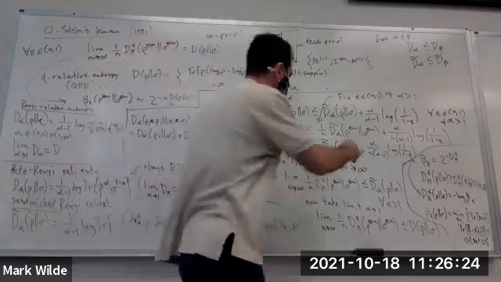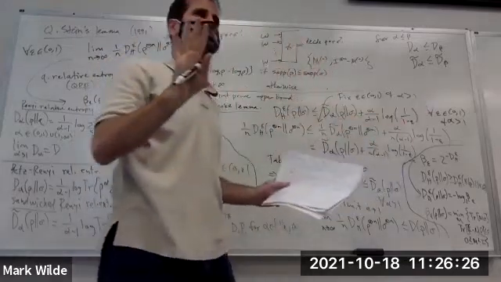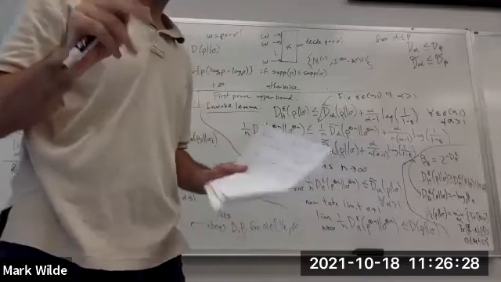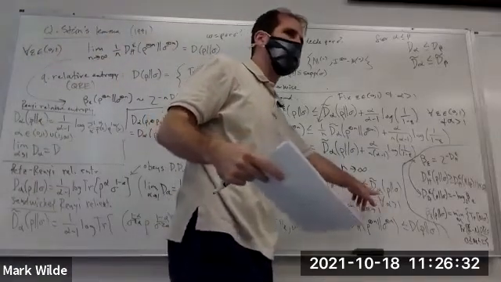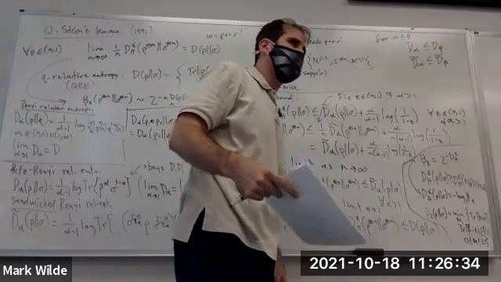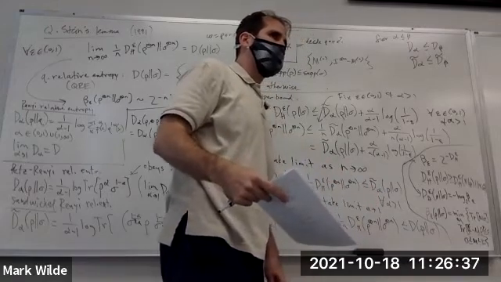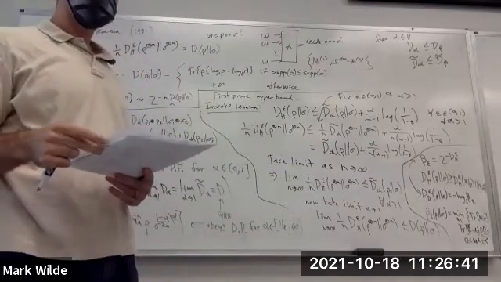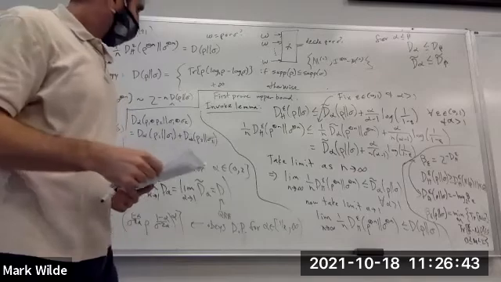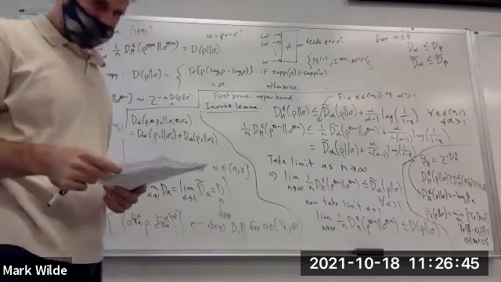So we do that, and then this is gone. The claim now is that this inequality holds for all alpha strictly greater than 1, then I'm allowed to take that limit. All right. So it's an order of limits thing.